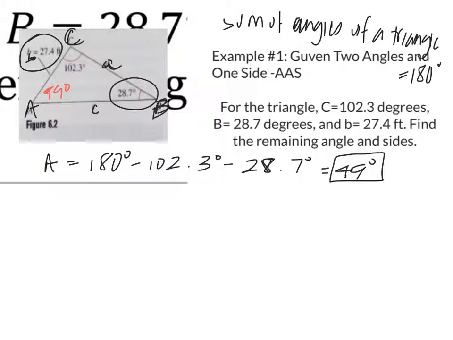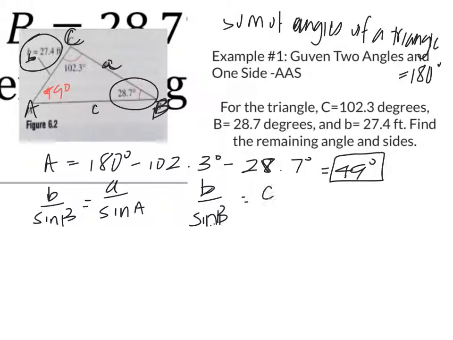So it's always going to be b over sine B equal to whatever I'm looking for. I want to find side a, so that's going to be a over sine A. And then the other one is b over sine B equals little c over sine C.